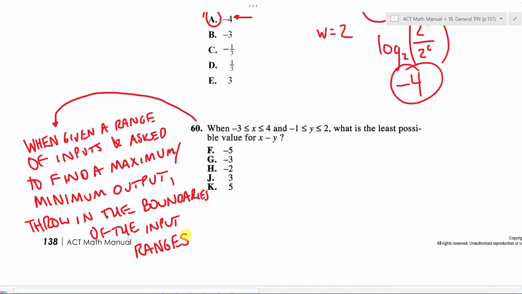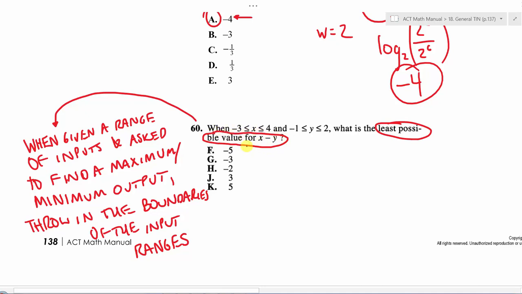And again, I know it might not be completely clear what that means just yet, but we're going to apply it on this question and hopefully it'll become clear. So let's read through the question. When -3 is less than x is less than 4 and y is blah, blah, blah, what is the least possible value for x minus y? So let's take a look at those ingredients I was talking about.